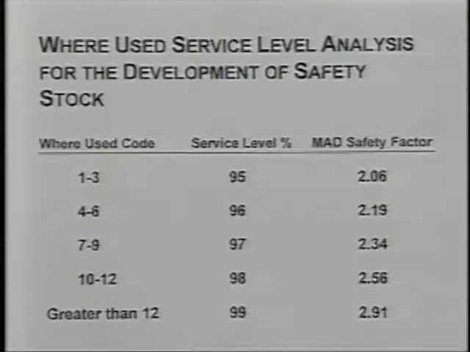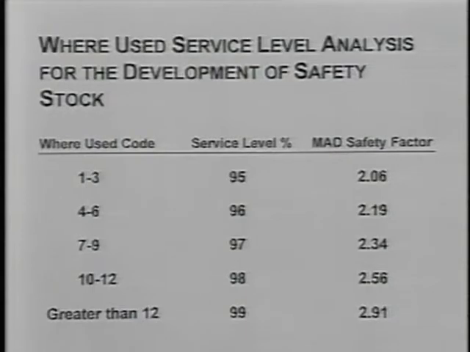So let's take a look at the left-hand column and let's address the where used code. Remember, if an item is used in 1, 2, or 3 different pieces of equipment or assets, then those 1, 2 to 3 where used codes are combined in this first line. Moving down, we have a where used code of 4 to 6, then we go 7 to 9, and then 10 to 12, and then greater than 12.